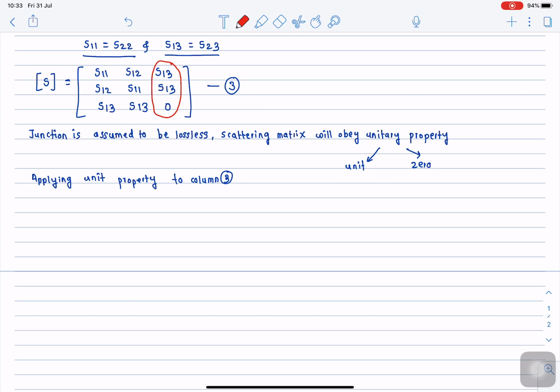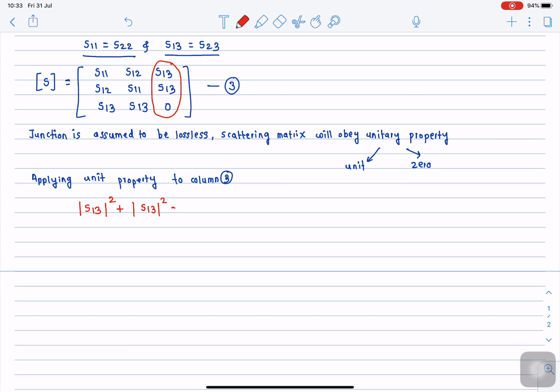So what is the first element of column number 3? S13. Make the square of it, and add the second element of the third column, which is S13 itself. The sum of the squares of each term of a given column is equated to 1.